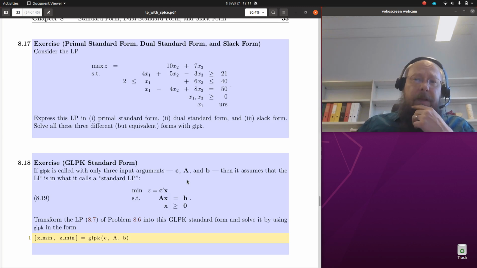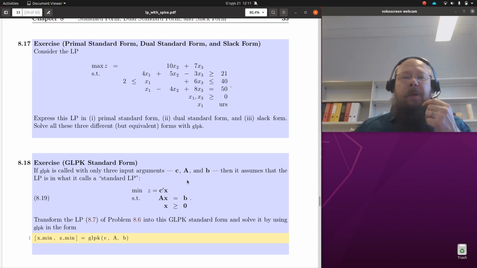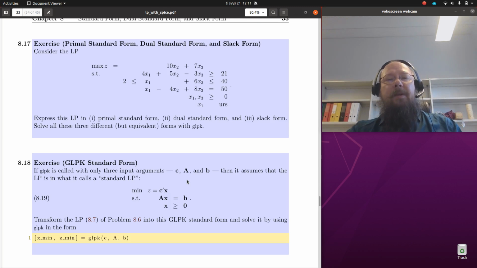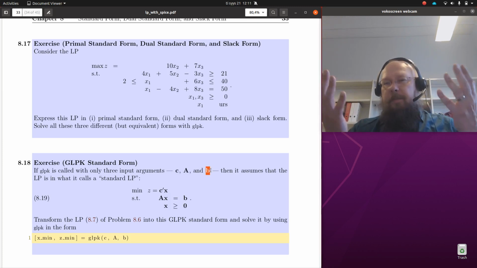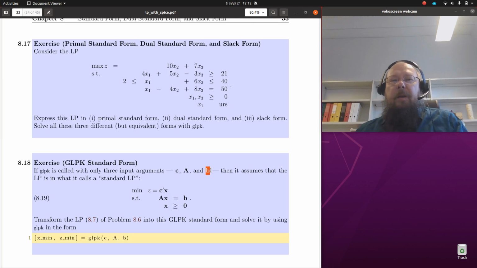All of this clutter. And why it's kind of boring or frustrating is that if you think about the LPs, the basic data in LP always just C, A, and B. So the objective, technology, and resources, if you want to call them like that. And for example, if we assume a standard form, then this fixes it.